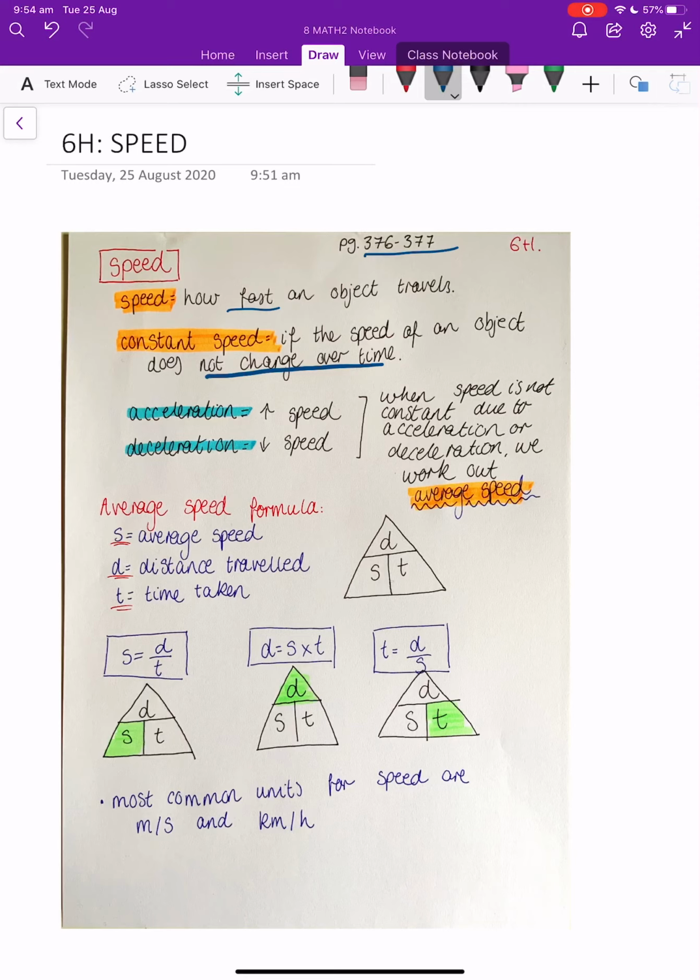The other alternative is average speed. And so when you're in a car, think about you're not necessarily traveling at the same speed every time. You're accelerating sometimes, which means you're increasing your speed, and you're decelerating, which means you're decreasing your speed.